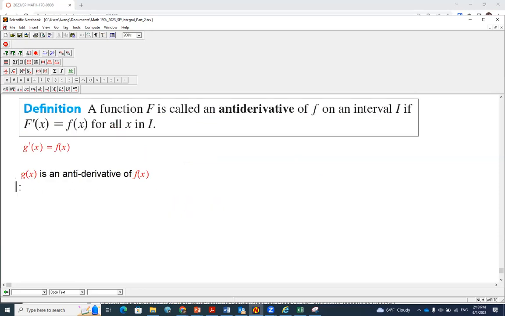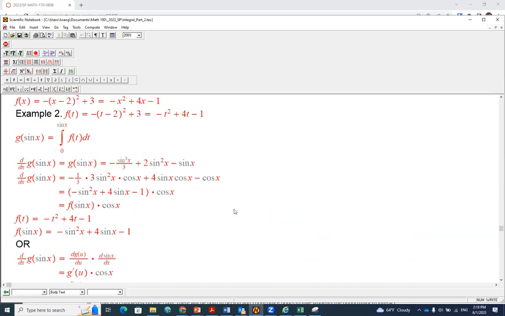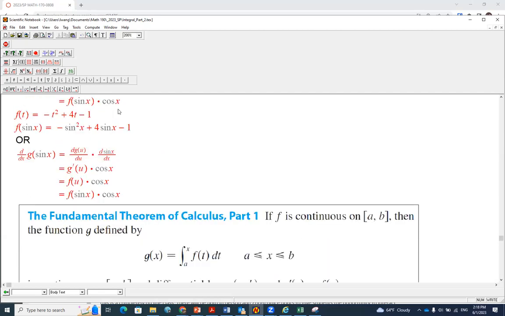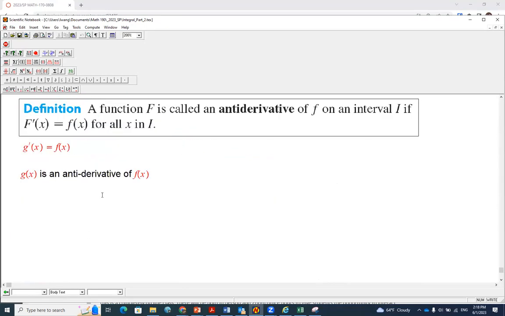If G is an antiderivative of F, then what we can do when working with our current example, we have f of t.